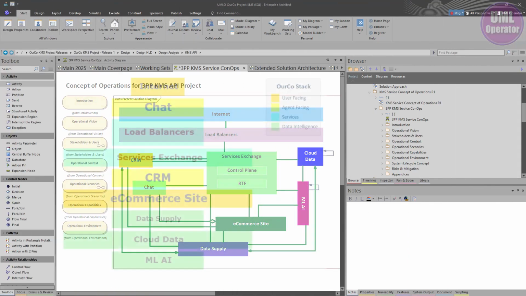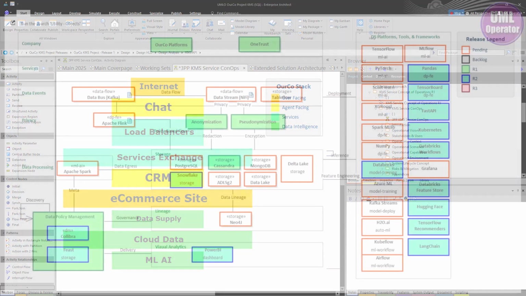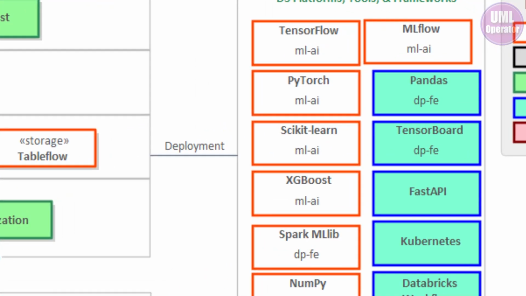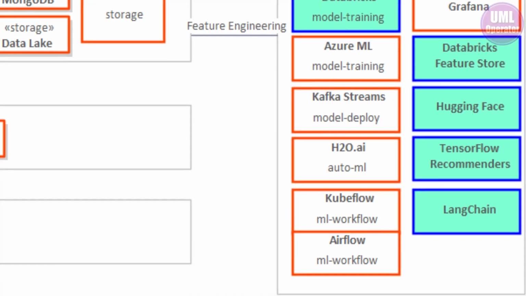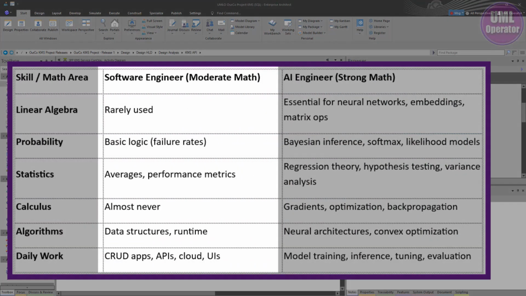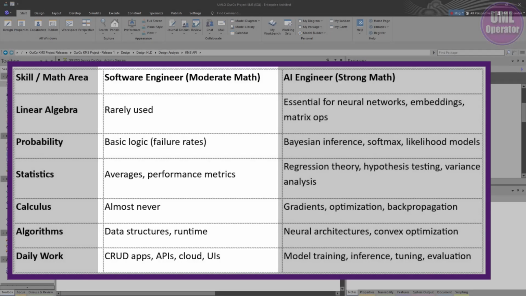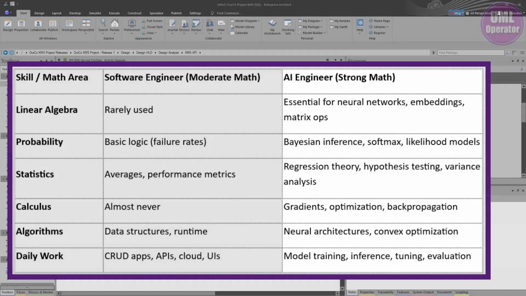The technology stacks they deal with are somewhat the same for technologies such as Java, Python, etc., while the AI engineer adds technologies such as TensorFlow, PyTorch, NumPy, MLOps, and other AI tools and frameworks. The skills required for a software engineer are around moderate programming math, while the AI engineer must be proficient in strong math such as linear algebra, probability, statistics, and calculus.